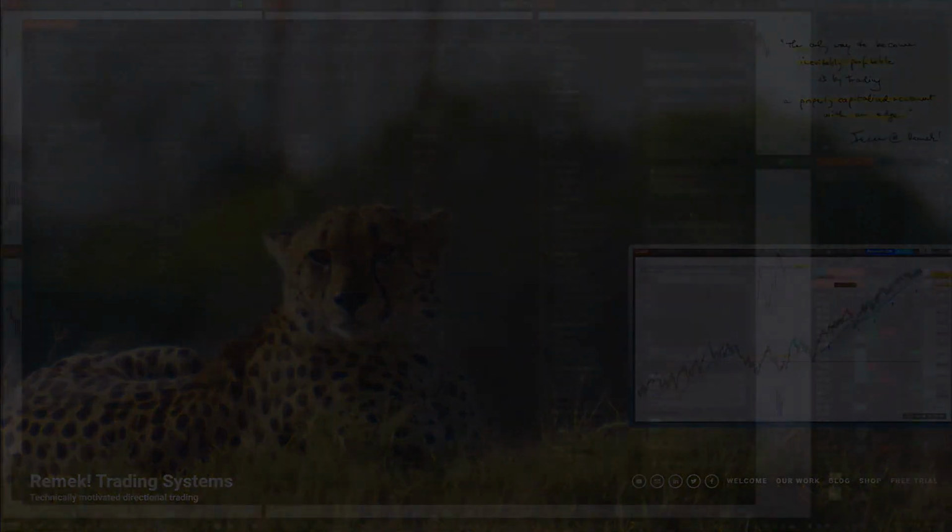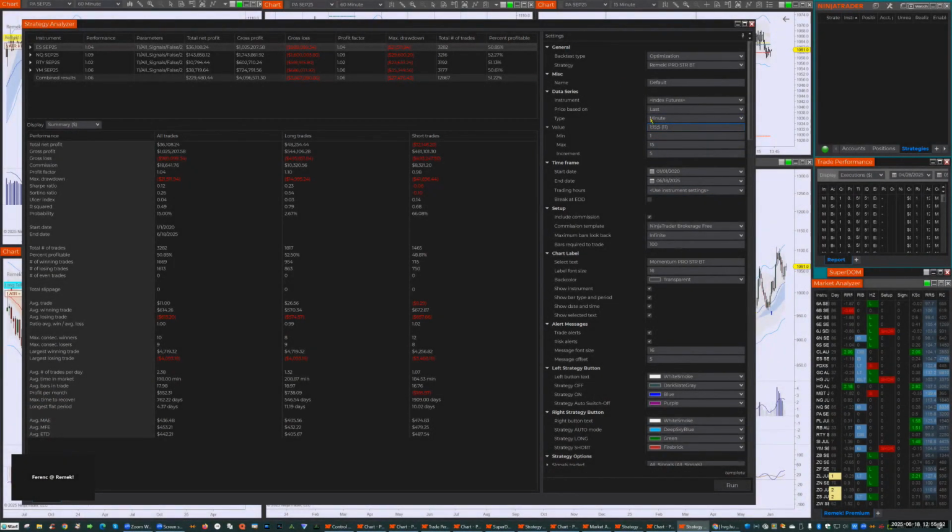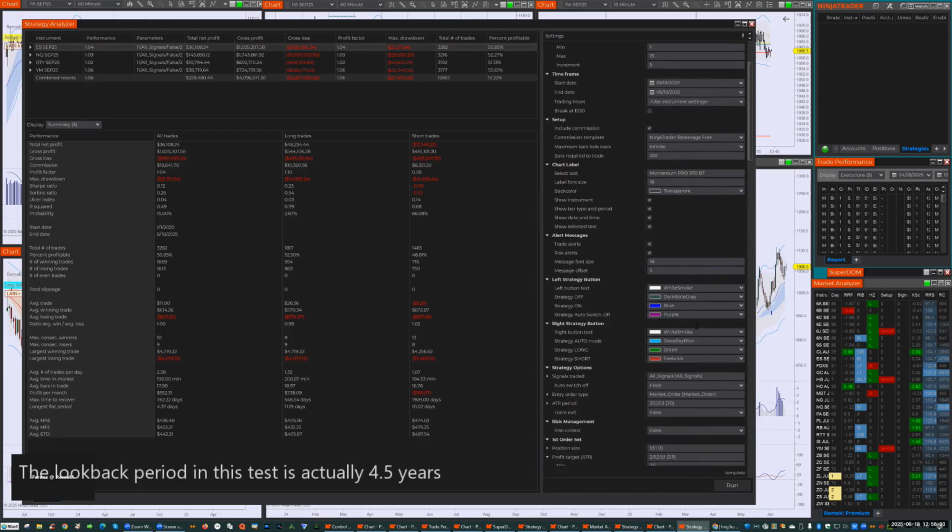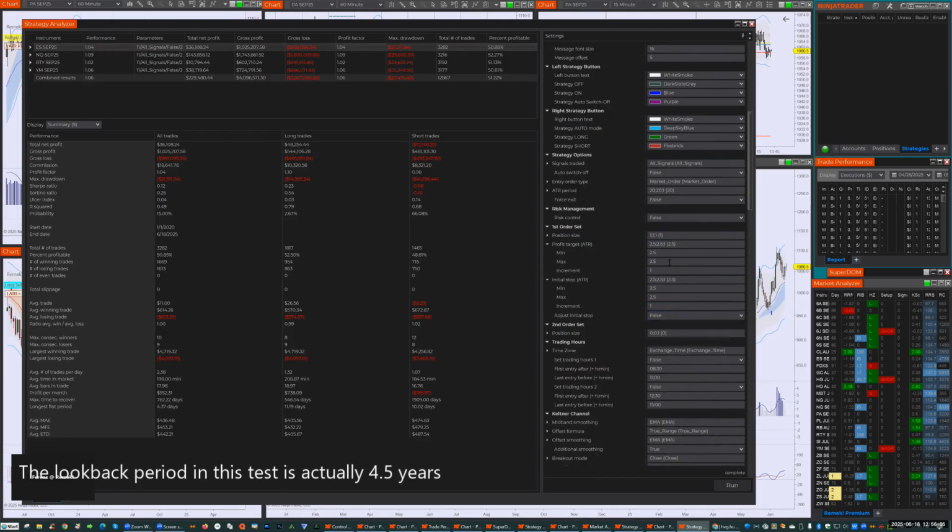Okay, so this is, again, just to sum it up, a test on 4 instruments, 4 indexes, futures, equity indexes, running our BT default settings, 5.5-year period. And the only thing we asked Ninja is what the accuracy would be. How many percent of the trades would be profitable if we just set the target to 2.5 and the stop to 2.5?